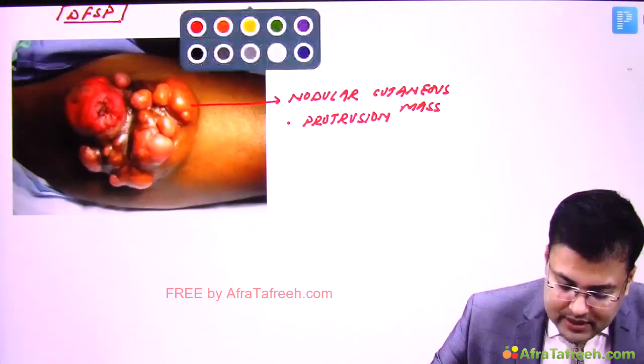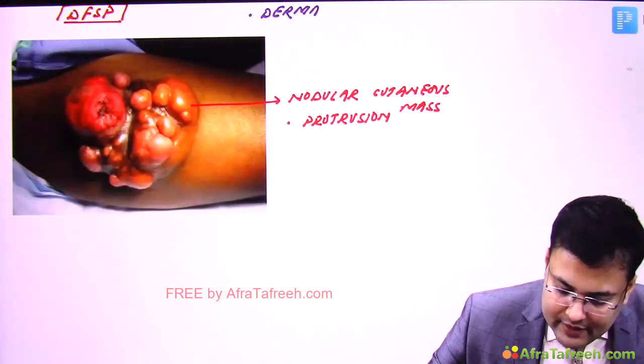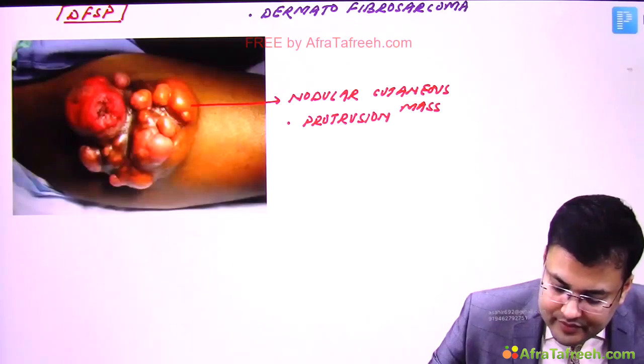The full form is dermatofibrosarcoma protuberans. The term is self-explanatory.